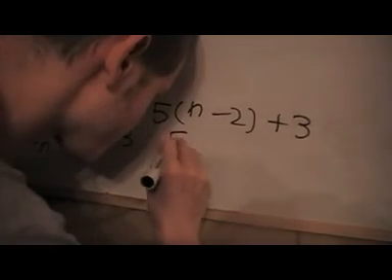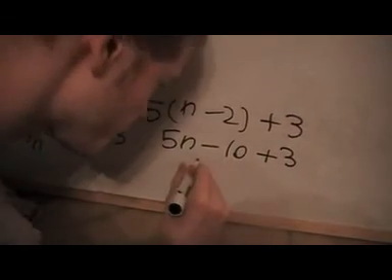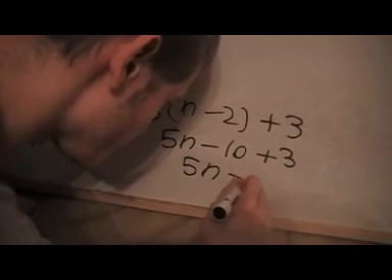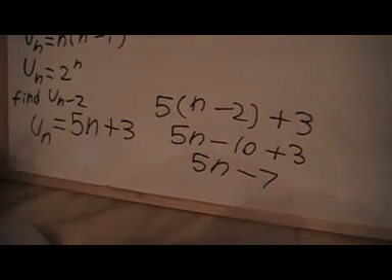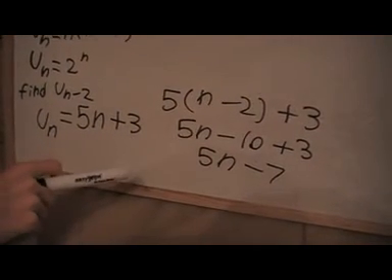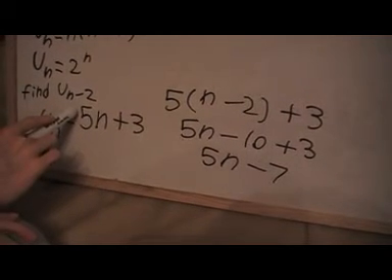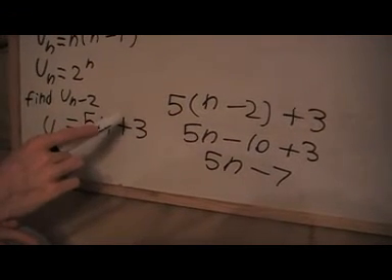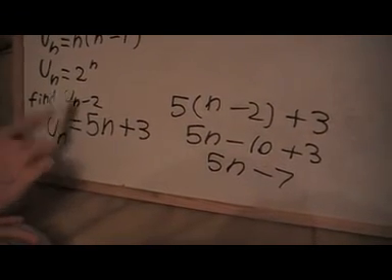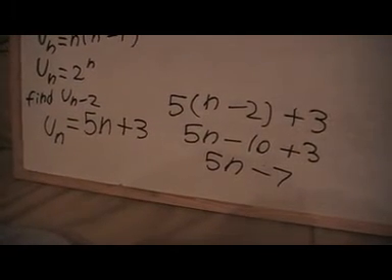We'll expand the brackets, we'll get 5n minus 10 plus 3, which is 5n minus 7. So that would be the answer to that one. You can't expect a number because the term here isn't a number, so we don't know what number n is. It's just what you should already know from algebra.